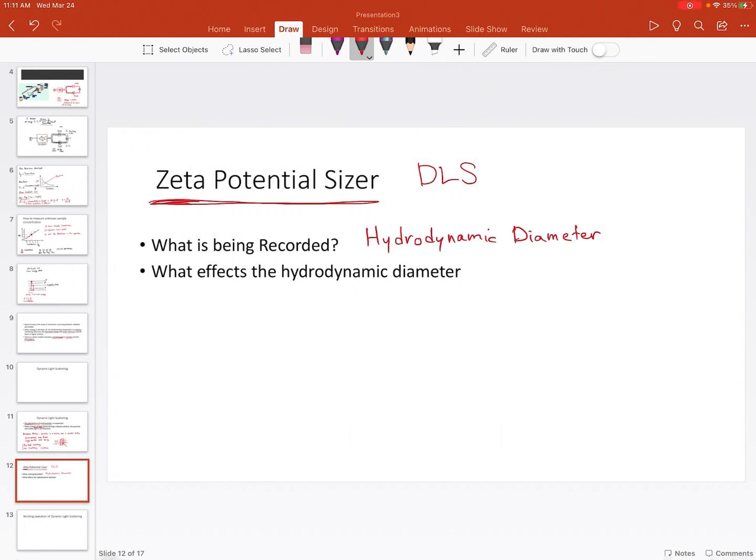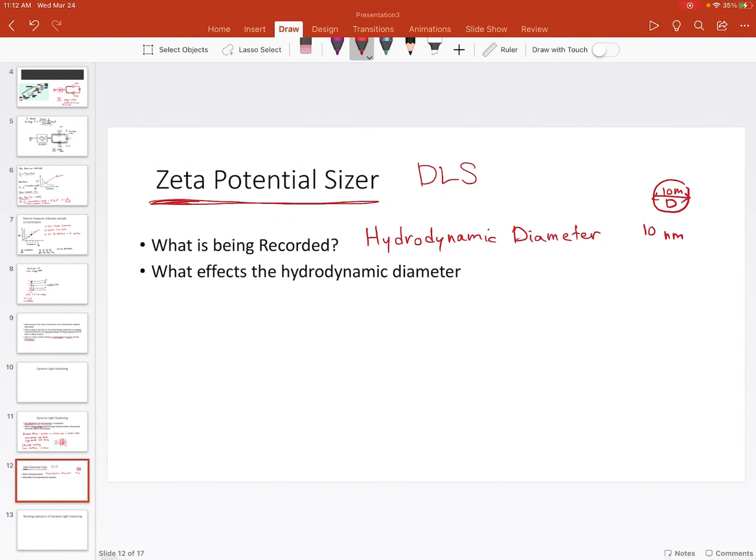For example, if the instrument records that the hydrodynamic diameter of this particle is 10 nanometers, it means that this particle is moving with the same speed as a particle that has a diameter of 10 nanometers would move. So the hydrodynamic diameter is the size of a particle that moves with the same speed as the particle that is being measured.